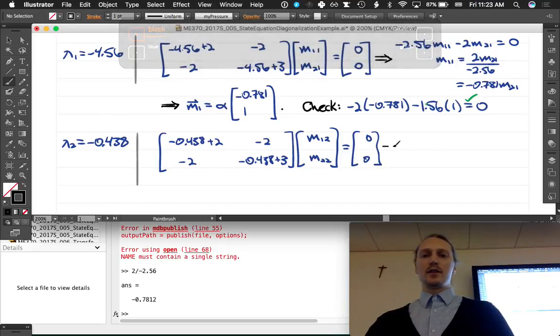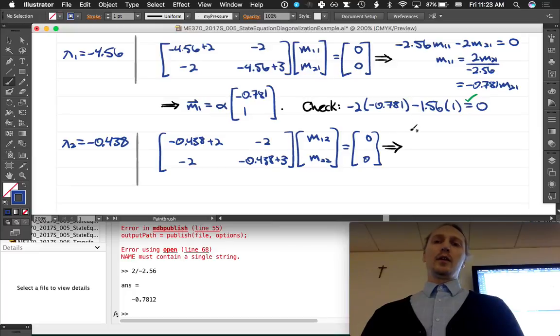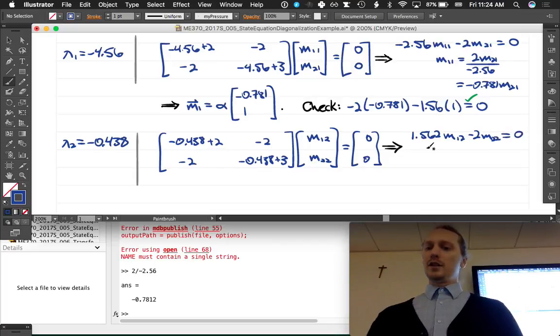All right, so from the first row equation, we know that 1.562, if you add those together, times M12 minus 2 times M22 must equal 0.